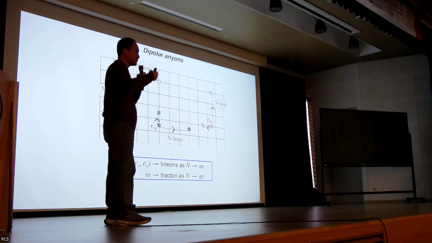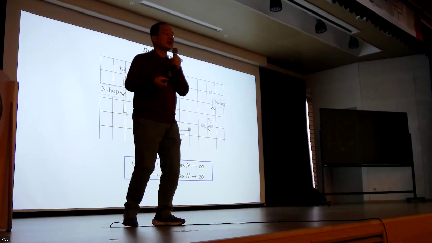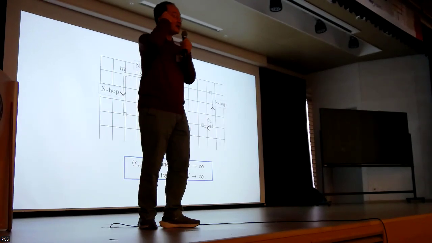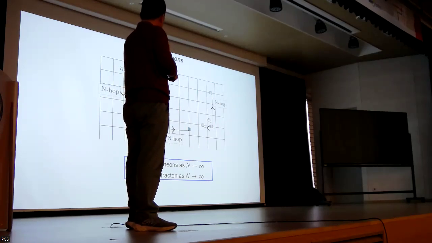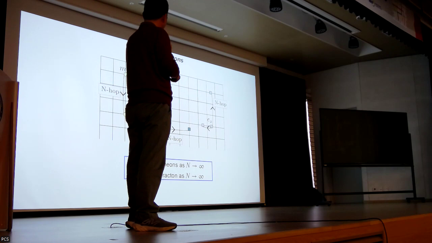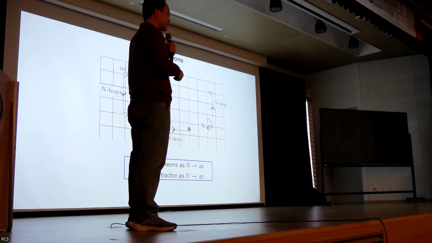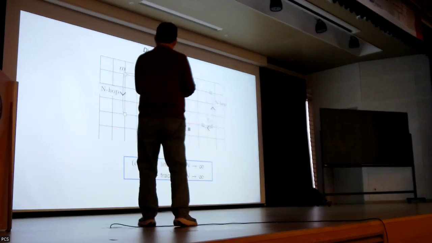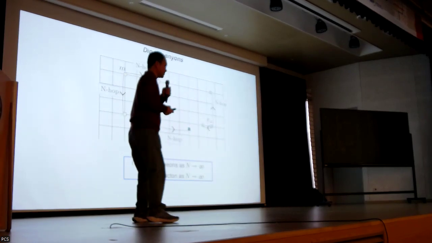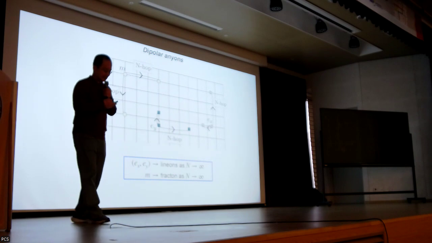So it kind of shows the fractonic or lineonic behavior. If you imagine that you can take n going to infinity limit, for example, this m anyon is constrained to hop only by n sites. So in the limit of n going to infinity, this particle is completely stuck there as if this was a fracton.